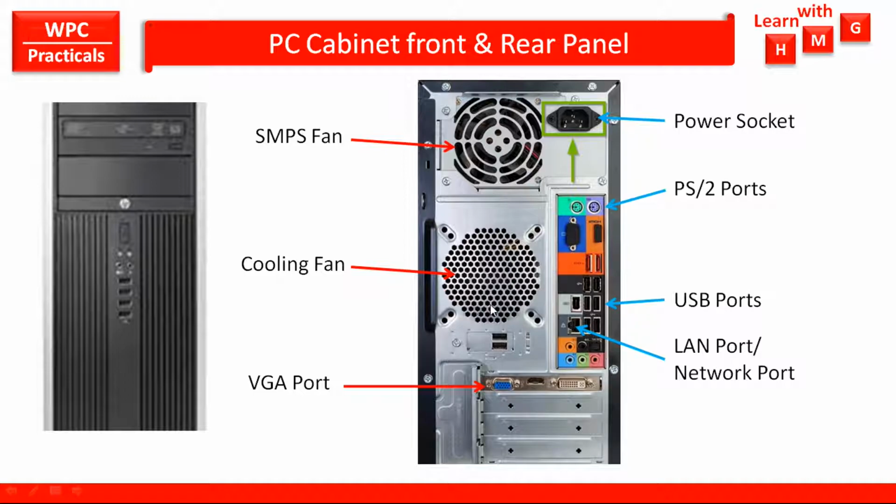Then this whole circular area is also an exhaust fan, and this is the cooling fan. Inside this cabinet there are many electronic boards and circuits. Those generate heat, and this heat can be exhausted through this cooling fan. So this is about the various ports available at the back side, that is called the rear panel of the PC.